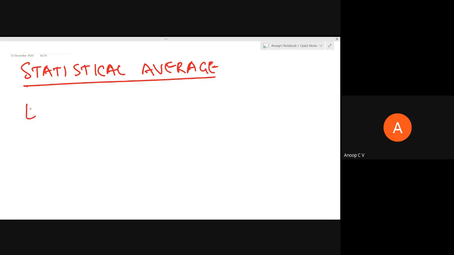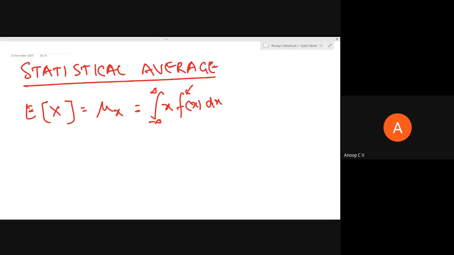So the first one is the expectation of a random variable, E of x. We'll also call it mu x, or the mean of x. This is defined as the integral from minus infinity to infinity of x times f of x dx, where f of x is nothing but the probability density function.